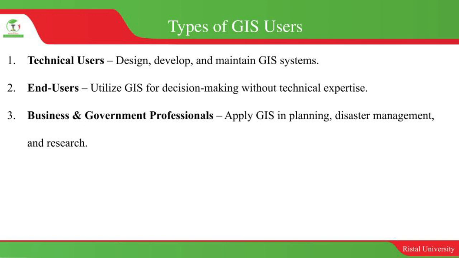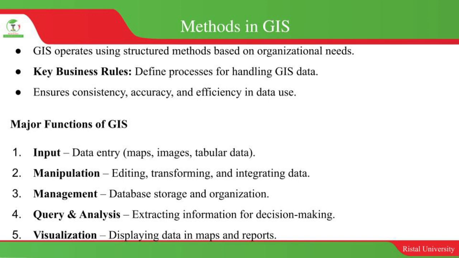So, what are some of the methods in GIS? Some of us will look at it when we are looking at the practical aspect of the QGIS. So, some of the major functions of the GIS include the input, the manipulation, the management, the query and analysis, and then the visualization.